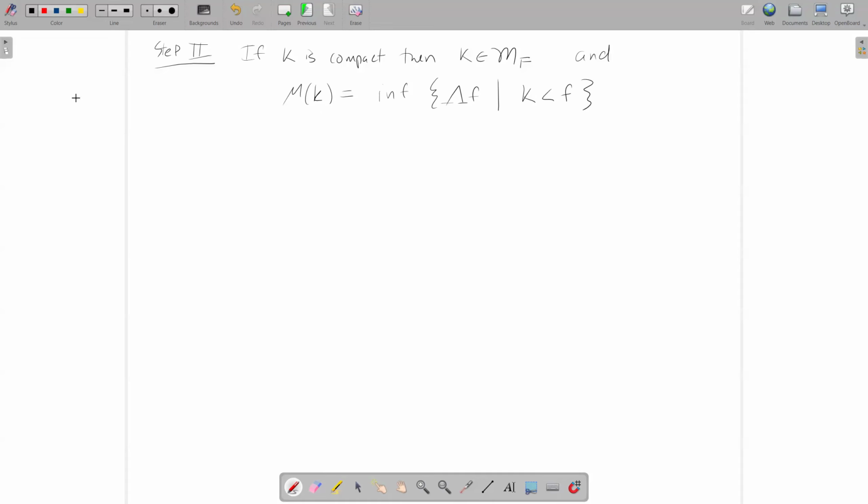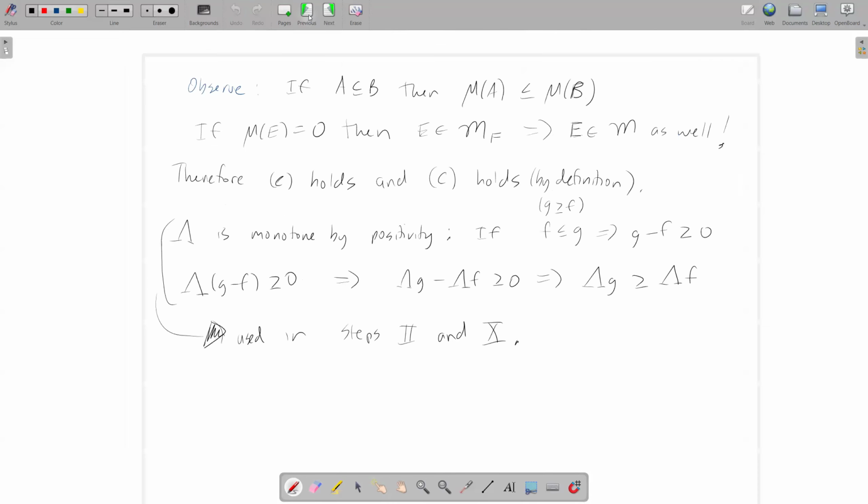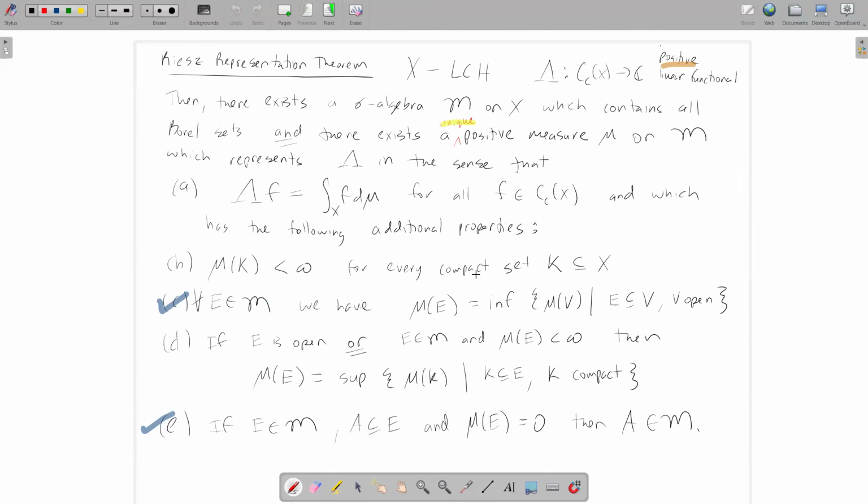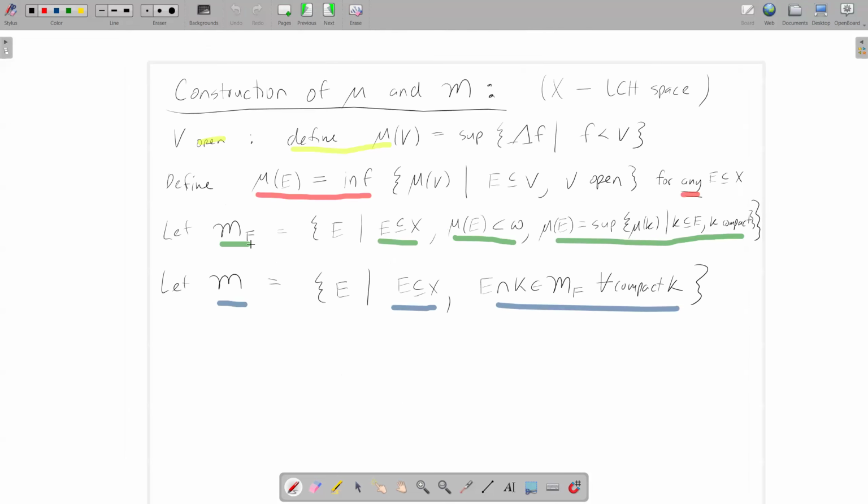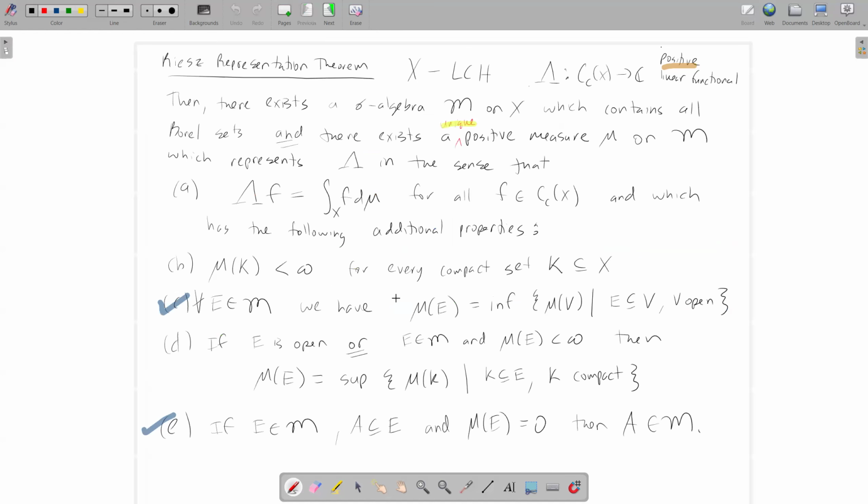And by the way, once we finish this, this will imply B. Why will it imply B? So remember what M_F was? M_F was a set of subsets that have these three properties. One of those properties is finite measure. And part B is just that a compact set has finite measure.